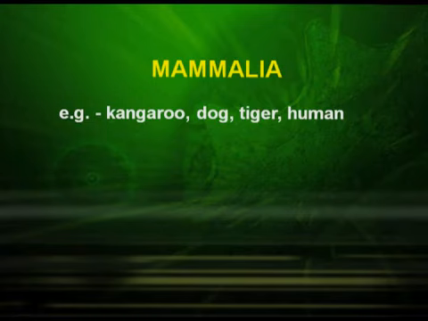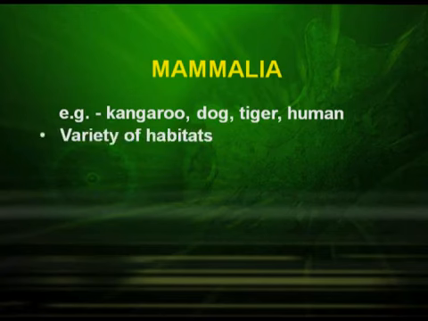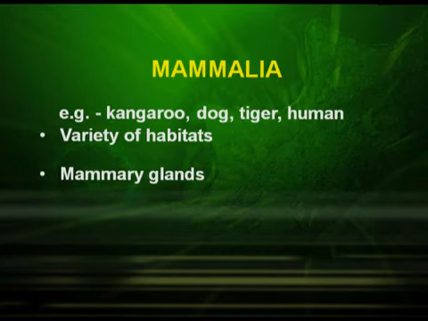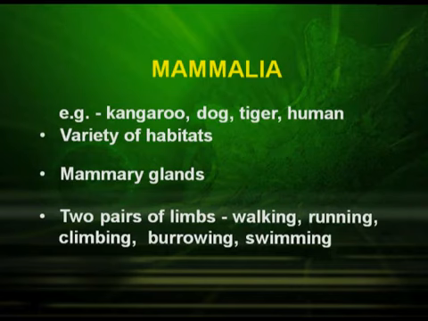Mammalia. It includes kangaroo, dog, tiger and human beings. It has a variety of habitats. Presence of mammary gland is an important feature of Mammalia. They have 2 pairs of limbs which is meant for walking, running, climbing, burrowing and swimming.